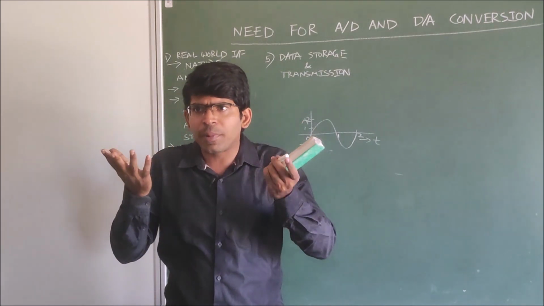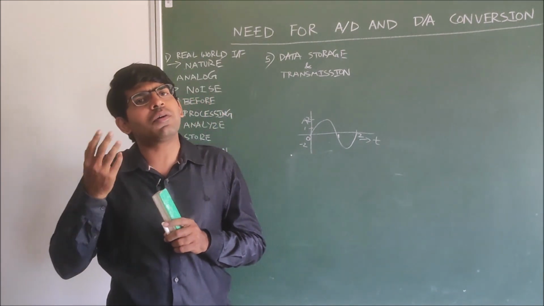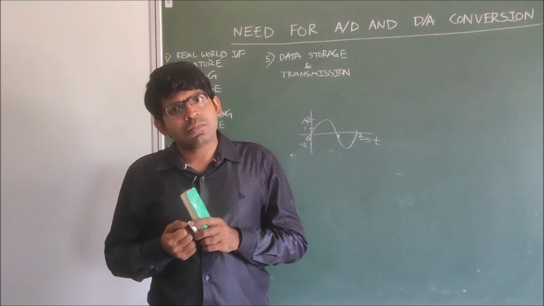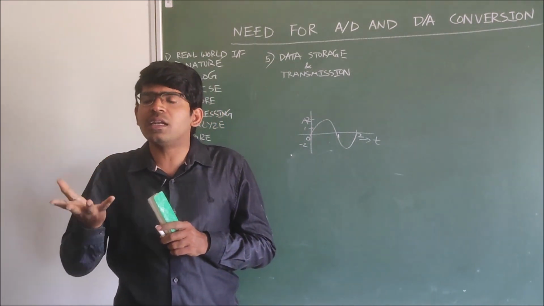That is what we are perceiving with our eyes, and what we are actually perceiving with our ears. The beauty of our senses is that we perceive the analog signal as real as it is.